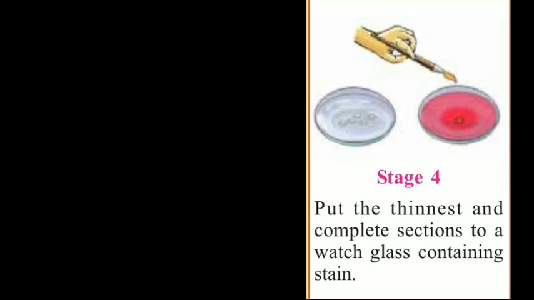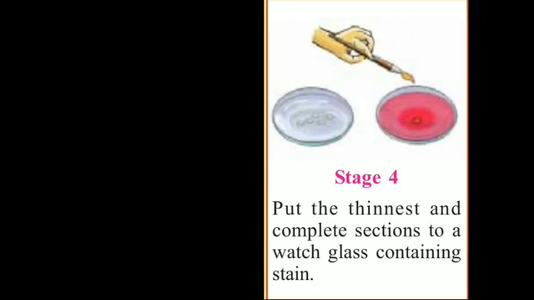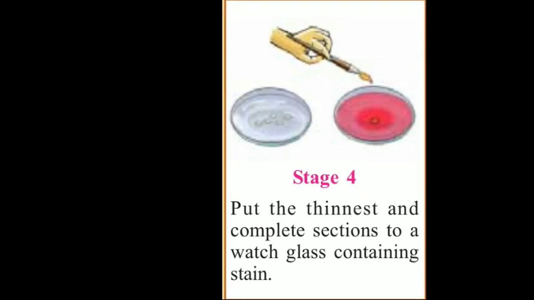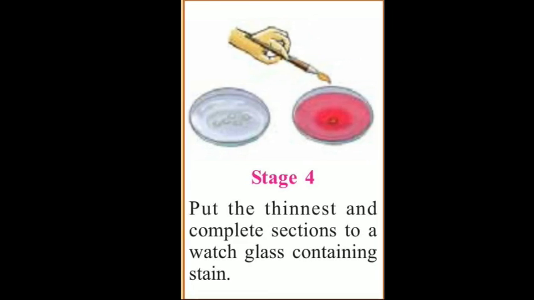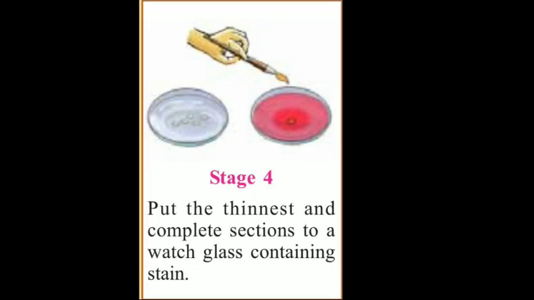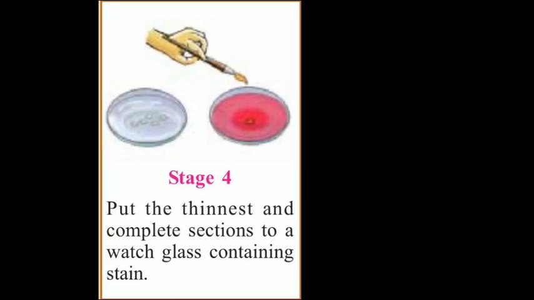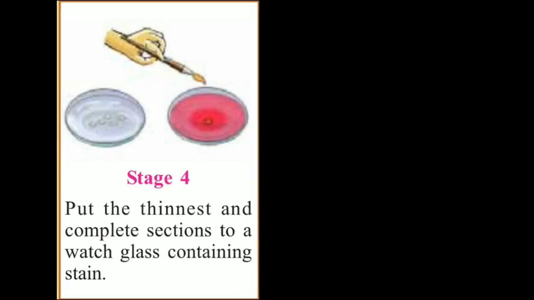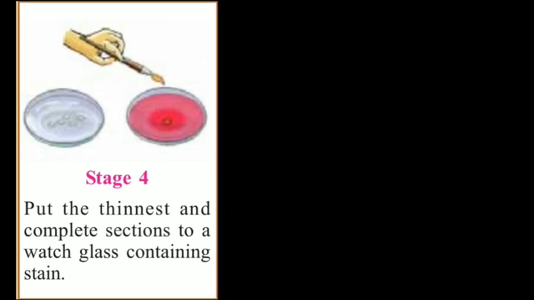Put the thinnest and complete sections into a watch glass containing stain. The stain is used for coloring, to observe the plant cell very clearly and understand the different parts of that plant cell.